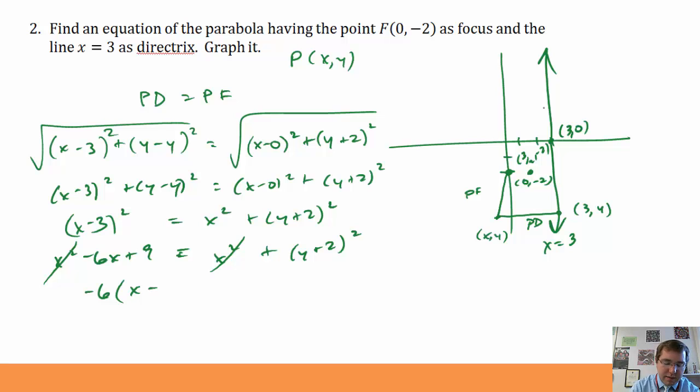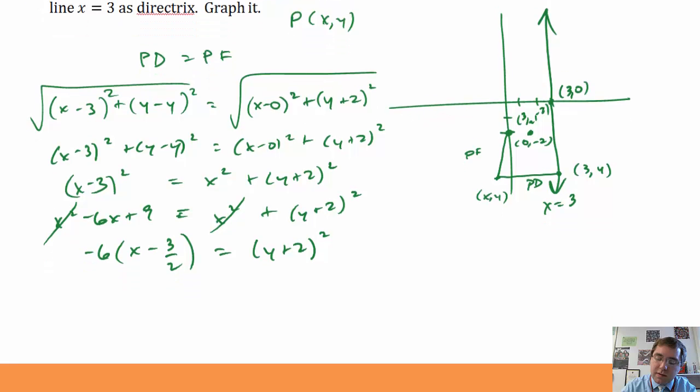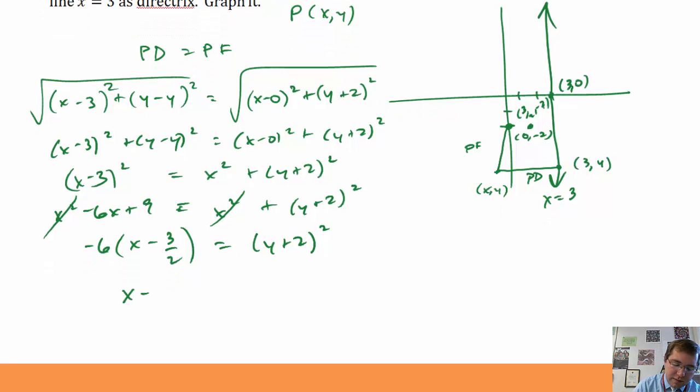That'll leave me with x minus 9 divided by 6, which is 3 over 2, and that equals y plus 2 squared. Divide both sides by negative 6, and I get x minus 3/2 equals 1 over negative 6 times y plus 2 squared, because dividing by negative 6 is the same as multiplying by 1 over negative 6.